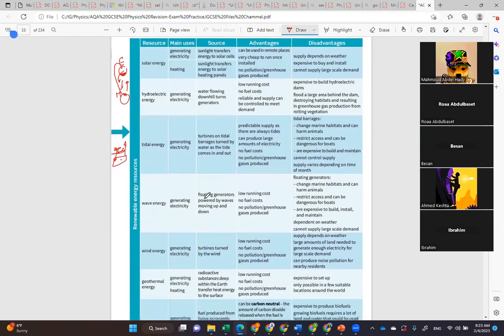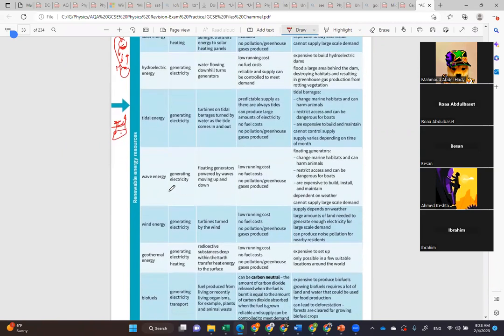Number 4, wave energy. Wave energy generates electricity with floating generators powered by waves moving up and down. So you are using the waves to generate electricity. The cost here is a low running cost, and this is considered one of the advantages, with no fuel cost, no pollution or greenhouse gas produced.